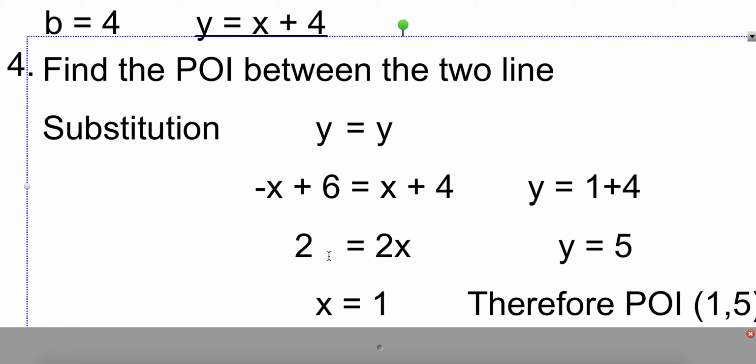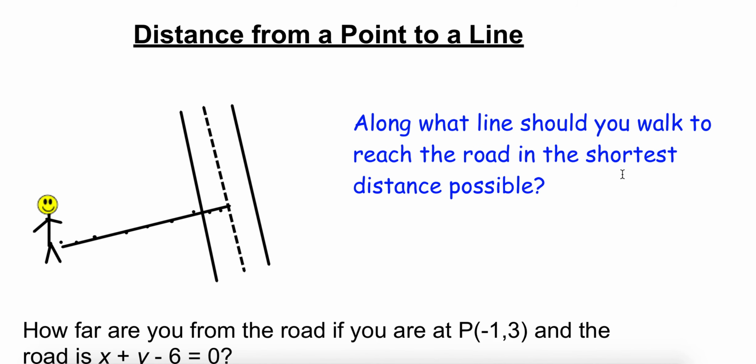X equals 1. And then sub in to find y. So y equals 5, so our point of intersection is 1, 5. So what that means is we've actually found the point right here. That's the point of intersection. That's the point we just found.